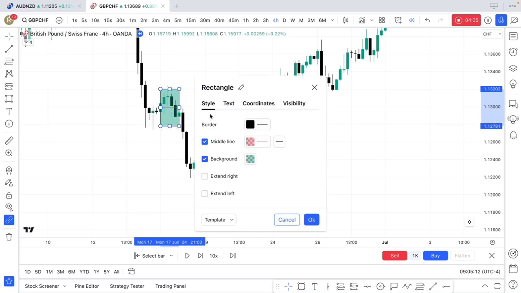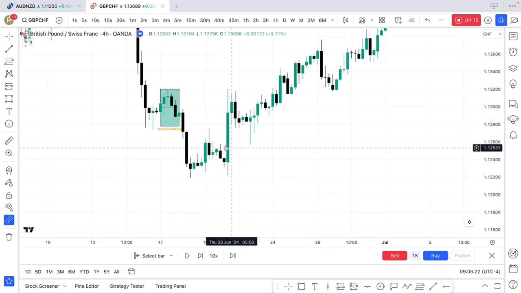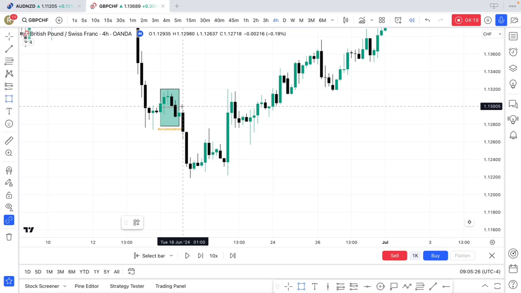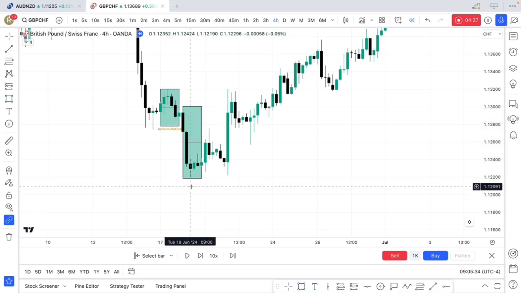So this is accumulation. And when it comes to do what? A manipulation here. And I said 9 o'clock is when the market does a turtle soup.